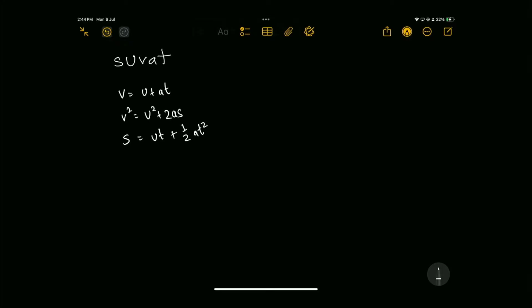So we should be able to use these equations. Let's take an example of a ball falling.